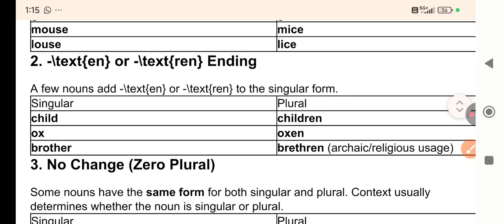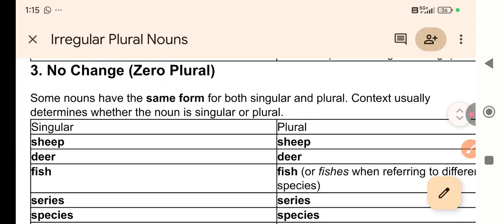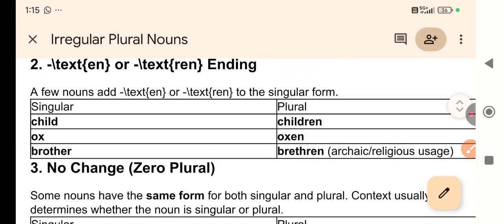Now the second rule is the en and ren endings. See, there are three words where we will see this: child, children, ox, oxen, and brother, brethren.